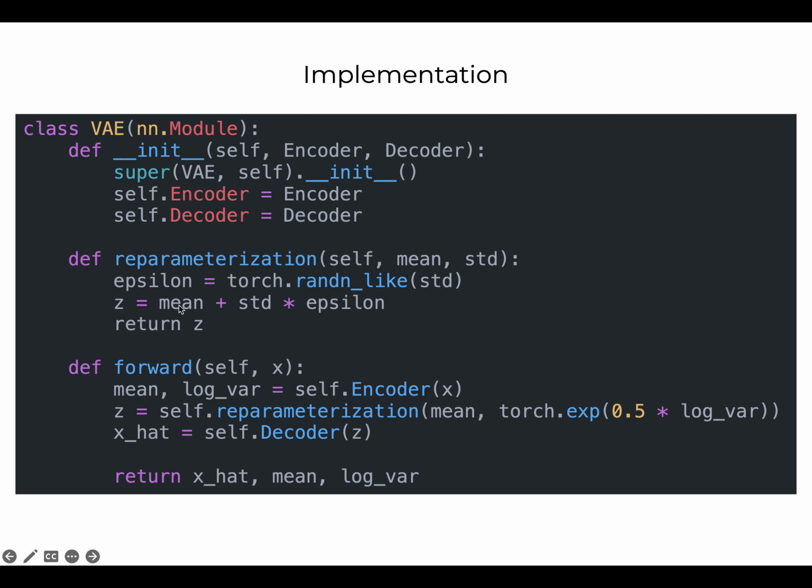And then we've got this reparameterization implemented, which simply takes a mean and a standard deviation. It generates this random epsilon just using a standard normal distribution. And then it creates the sample from this latent distribution as we just saw, multiplying the epsilon by the standard deviation and adding on the mean. So that gives us the latent vector.